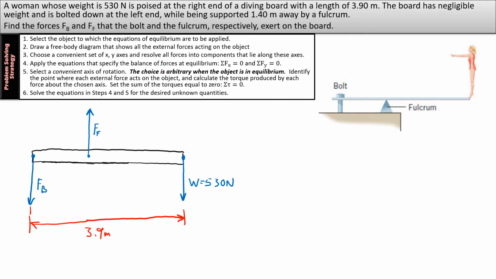So that's this distance here to the fulcrum, 1.4 meters. You can see the numbers, distances and forces all start piling up, so it's nice to draw a nice big diagram for yourself. So great, we have our diagram.